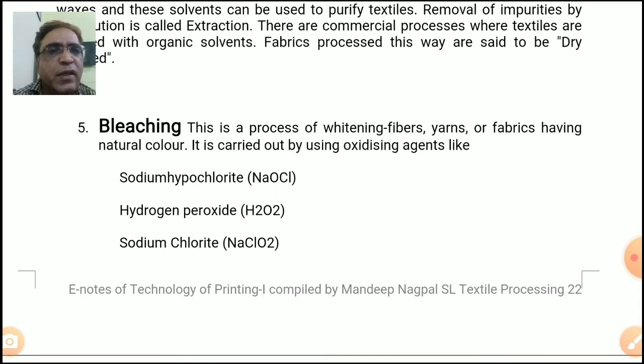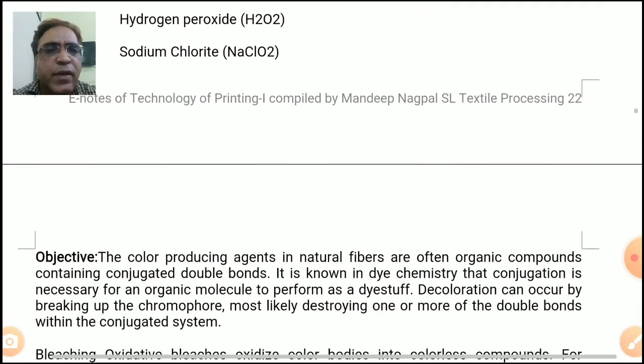So bleaching is the process of removal of the natural coloring matter from the fabric. What are the chemicals used? Oxidizing agents are used for this, like sodium hypochlorite, hydrogen peroxide, and sodium chlorite.